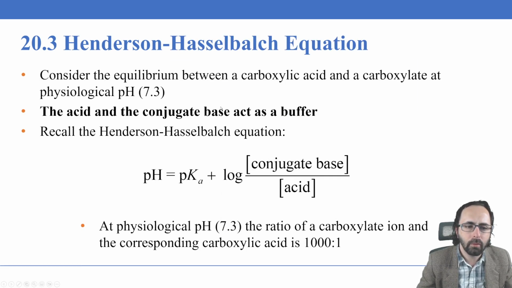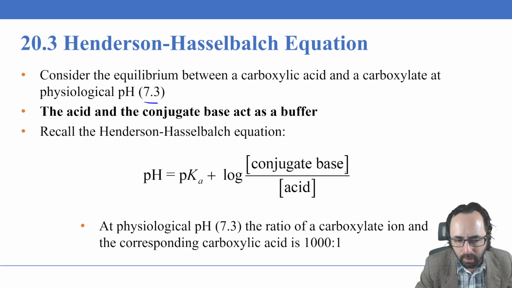So let's think about the equilibrium between a carboxylic acid and a carboxylate salt at a physiological pH, which is around neutral. It's around 7.3. So you may recall from way back in general chemistry what was known as the Henderson-Hasselbalch equation.